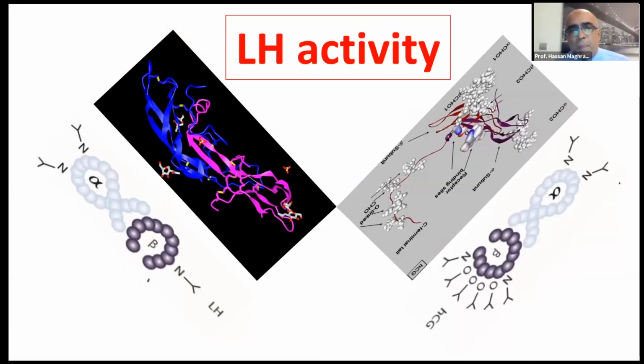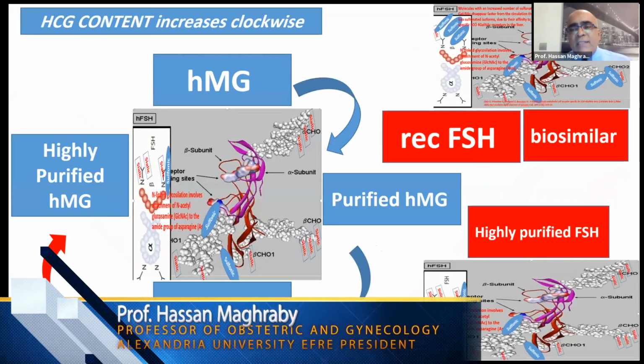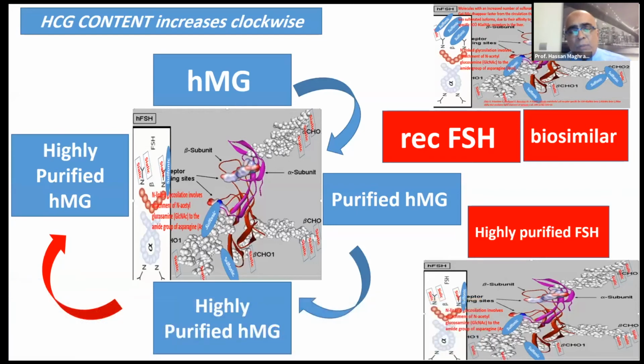LH activity is obtained from LH and HCG, which is added or obtained from pituitary or circulation. The older compounds used more LH, whereas the more recent compounds have more HCG. And so we have to be careful when we use the recent products of highly purified HMG that they contain more HCG.